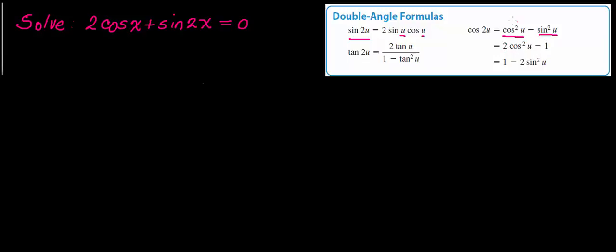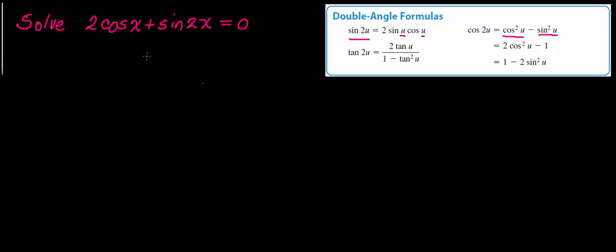We can instead change cosine squared to 1 minus sine squared and combine the sine squared together, and you'll end up with 2 sine squared here. So you can play around with that. But for now, we're going to use the double angle formula for the sine so that we can solve this equation.